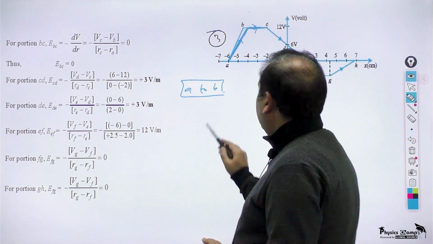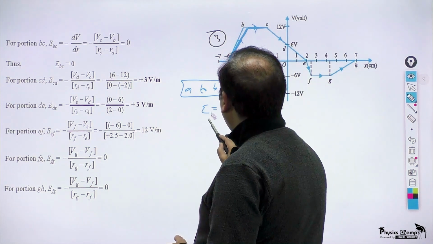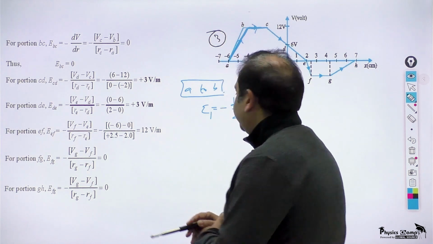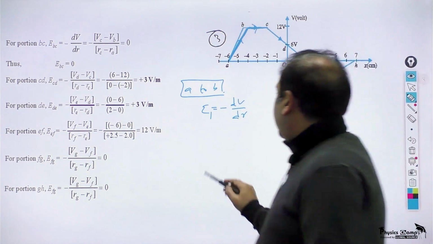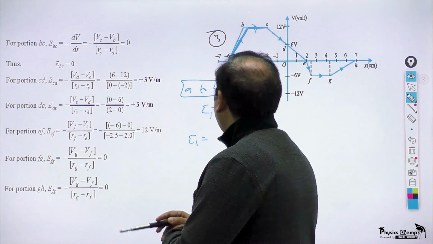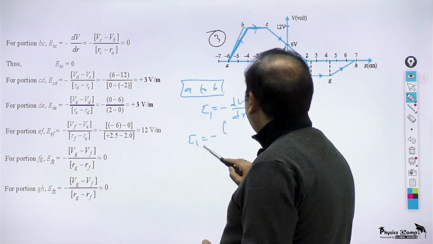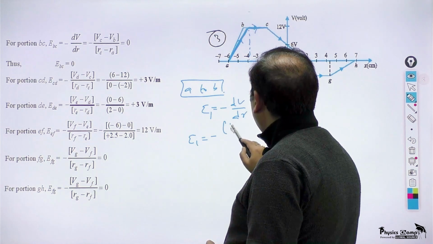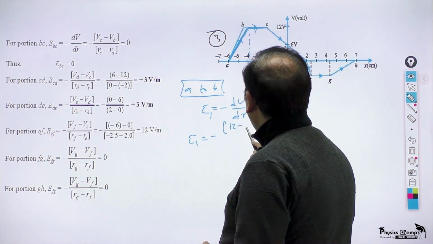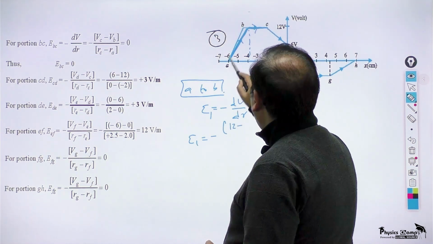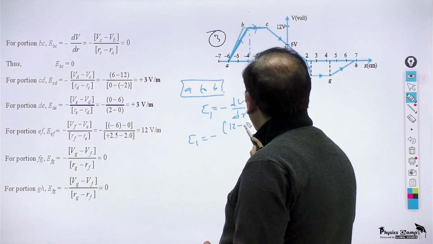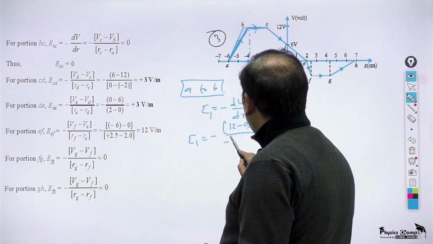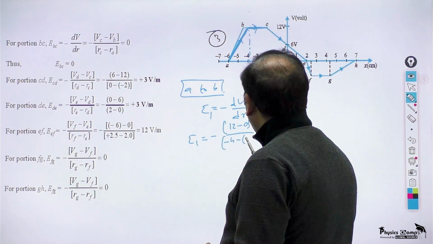In A to B, electric field will be minus dV by dr. So the electric field in the portion A to B will be minus of dV, where dV stands for final potential, which is 12 volt, and initial potential, which at A is 0 volt. And dr stands for minus 4, minus 6.